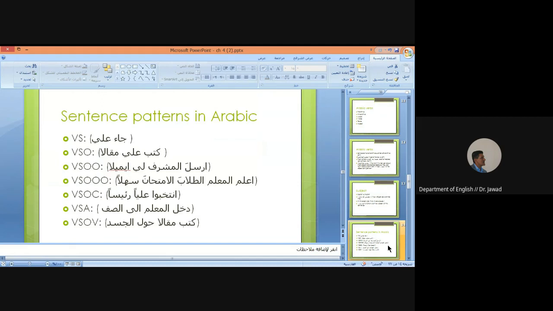VSOO أرسل المشرف لي إيميلا. لي إيميلا, two objects. Three objects. أعلم المعلم. أعلم is the verb. المعلم is the subject. الطلاب, this is the first object. الامتحان, this is the second object. سهلا.